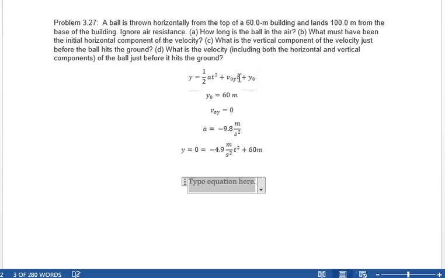What we get to is t squared. t squared is 60 divided by 4.9. The algebra works out. So how did that work?